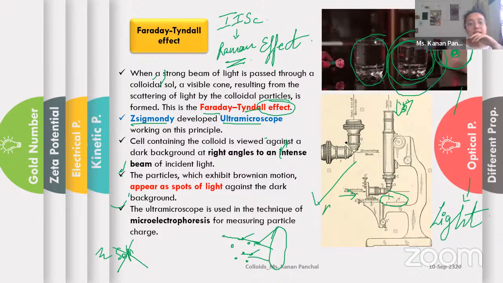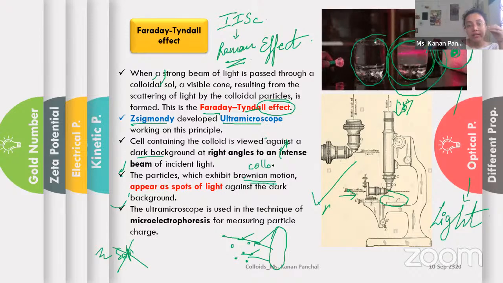All right, so what he says is the cell containing the colloid, cell भी मैंने बोला था ना, the protoplasm is also colloidal. Okay, so when you view it against a dark background at right angles, the particles exhibit Brownian motion, and Brownian motion कौन exhibit करेगा?